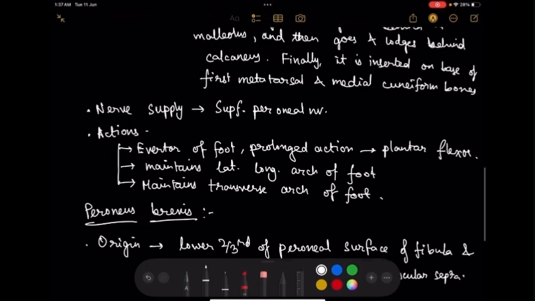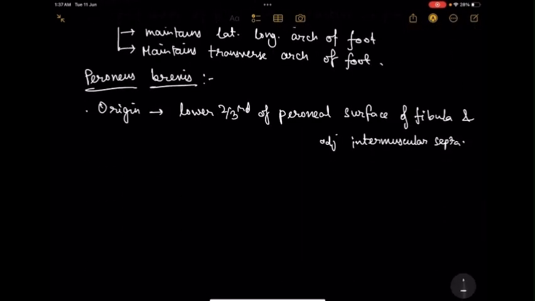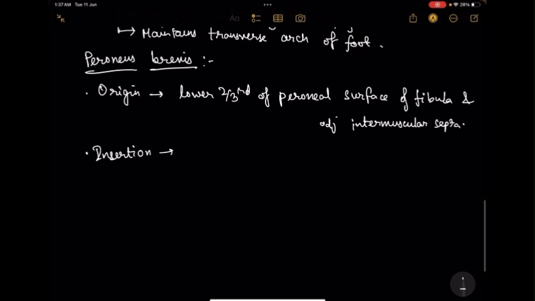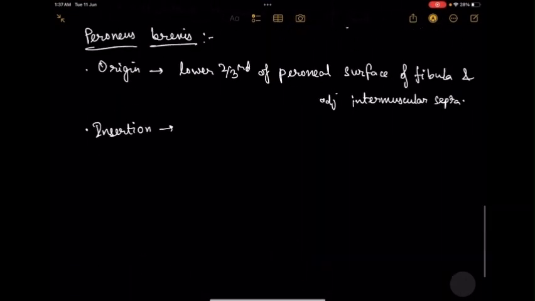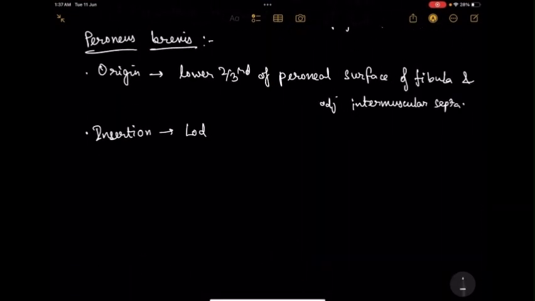Adjoining intermuscular septum. Same thing. Insertion. Lodges in a groove behind the lateral malleolus. Same thing. Then lodges in a groove behind the peroneal trochlea.